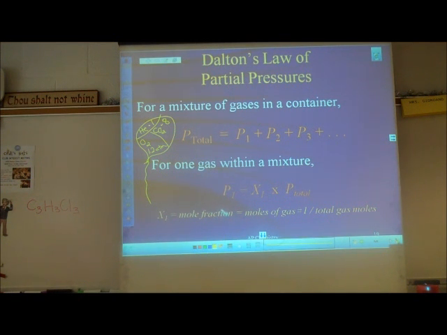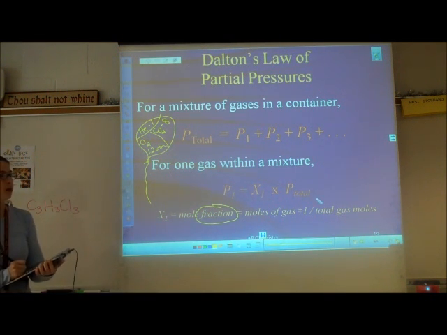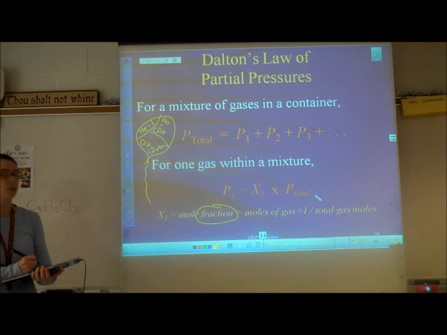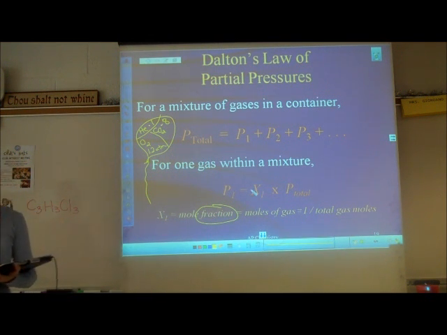Now, this word is misleading because let's say that you were given a problem, and we're going to do this in just a second, where you're asked to solve for x. Do not give me an answer that looks like this. No. I realize the word fraction is there, people, but we don't do fractions in chemistry. Never, ever. Fractions are for math.